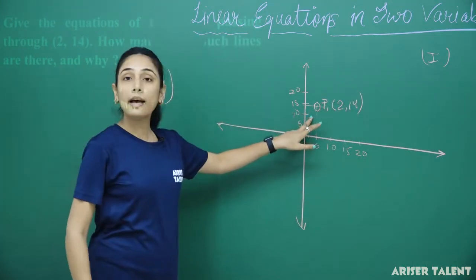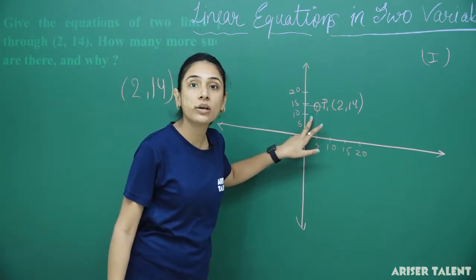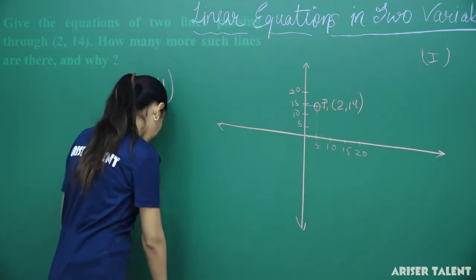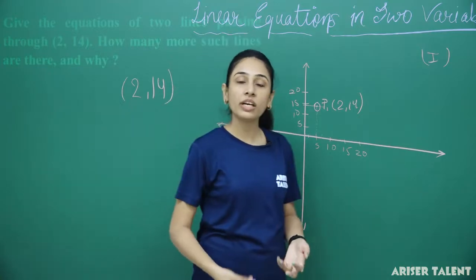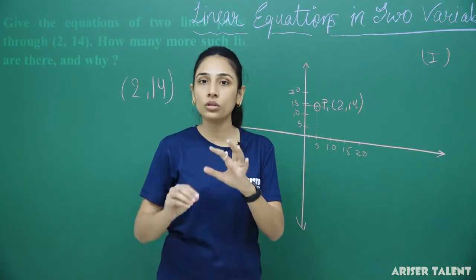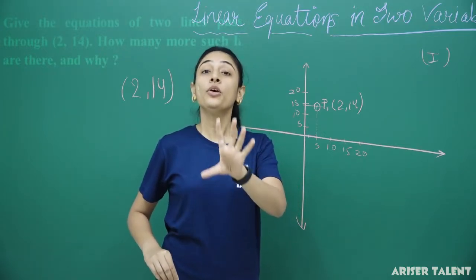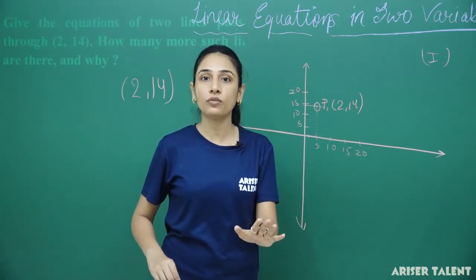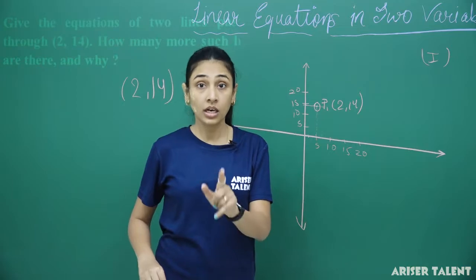Now from this point, how many lines can you draw? It's a very basic question. In your 3rd or 4th class, you know this very well, that from one point you can draw an infinite number of lines and infinite number of rays, right?